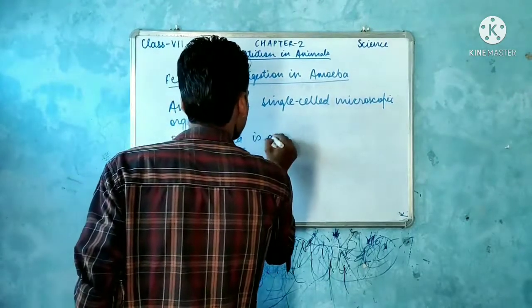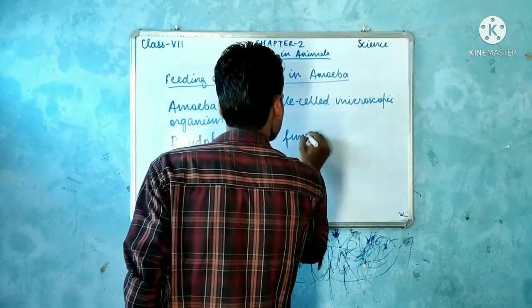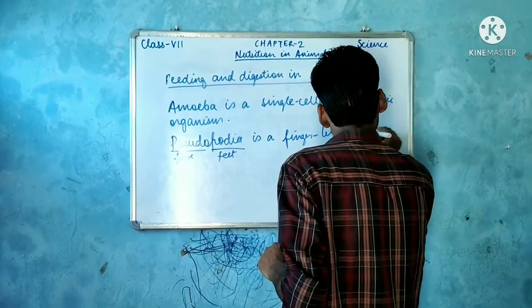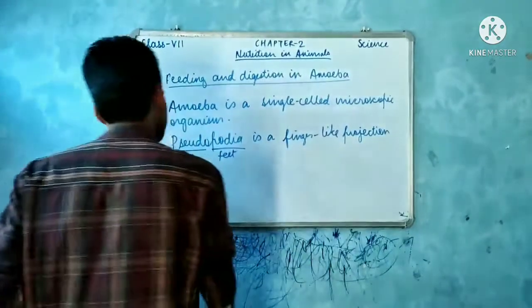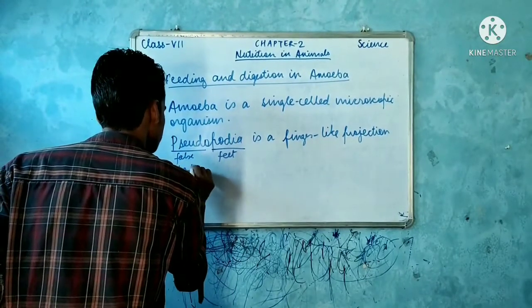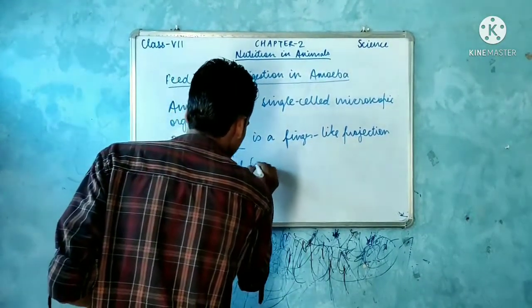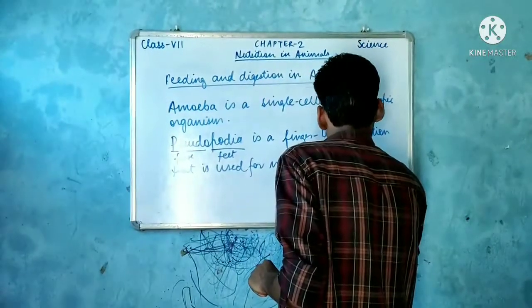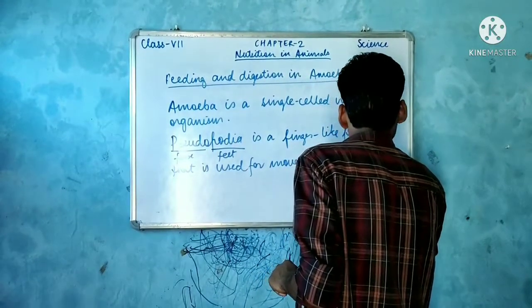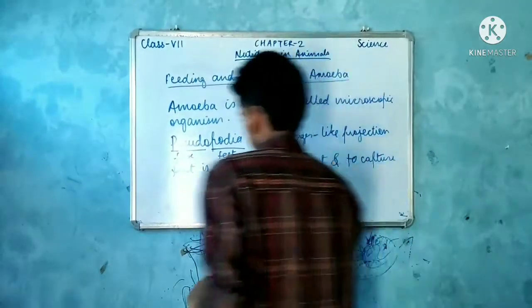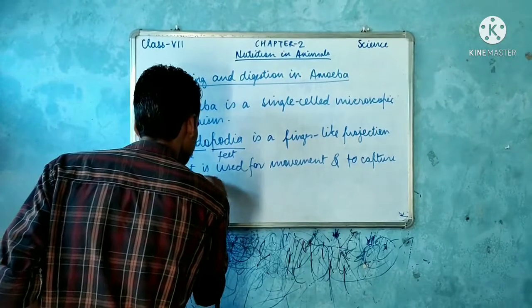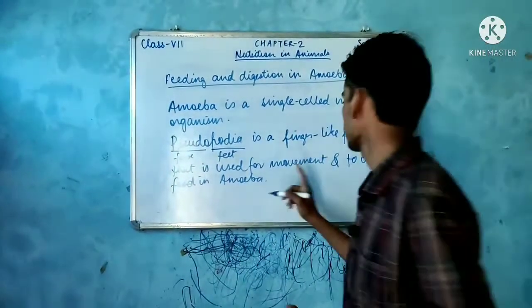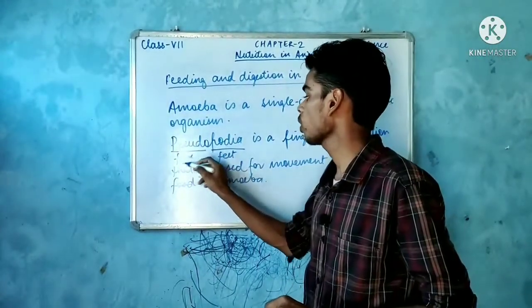So pseudopodia is a finger-like projection that is used for movement and to capture food in amoeba. So it means the false feet.